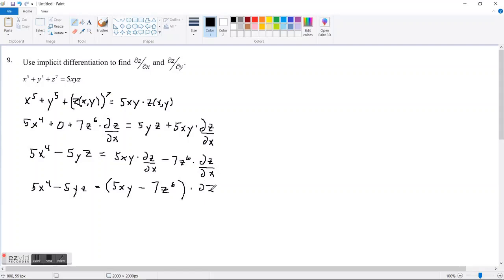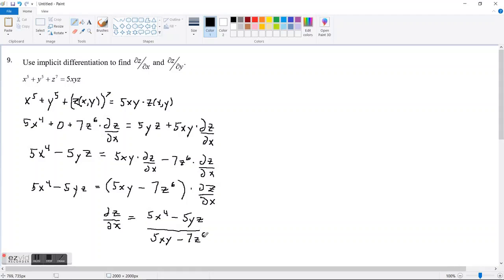And then we just need to divide both sides of the equation by 5xy minus 7z to the sixth. And we find the partial of z with respect to x is 5x to the fourth minus 5yz divided by 5xy minus 7z to the sixth.